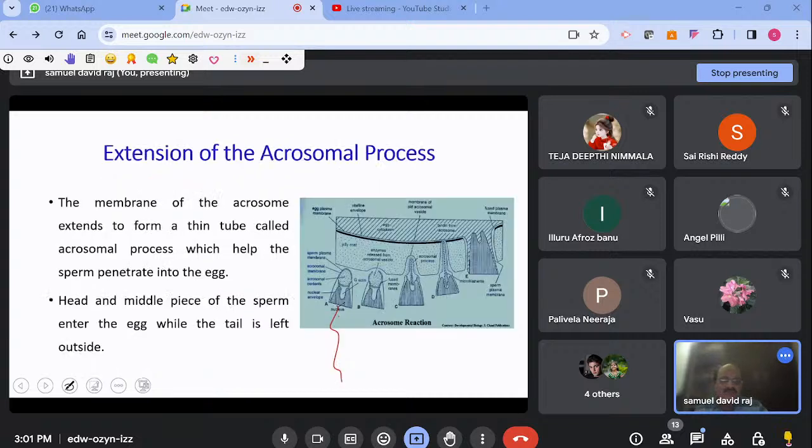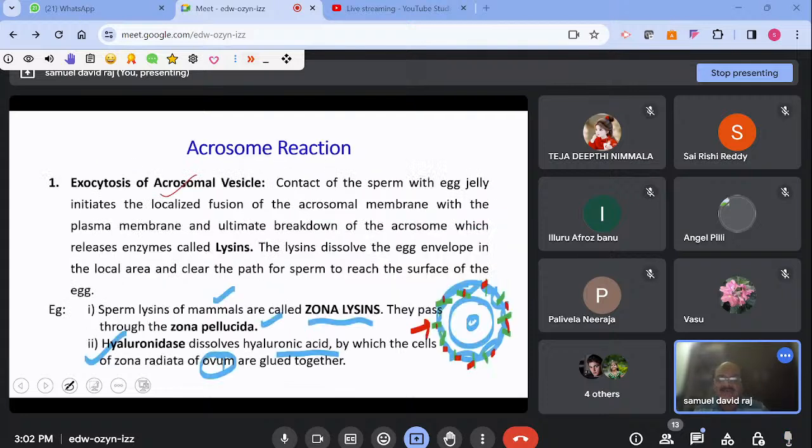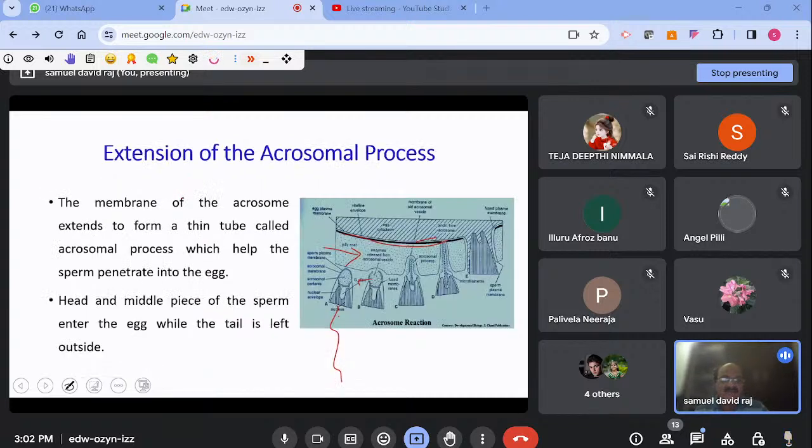Exocytosis of the acrosome vesicle. So the acrosome vesicle releases all its contents to the outside. This is the plasma membrane, around which there is a primary egg membrane. Here we represent it as the jelly coat. So all the acrosomal contents like zona lysins and hyaluronidase, commonly called lysins, are released and they dissolve the jelly coat.